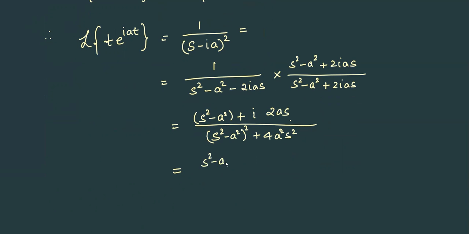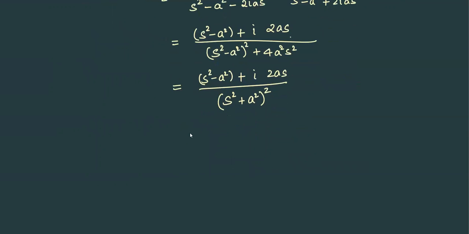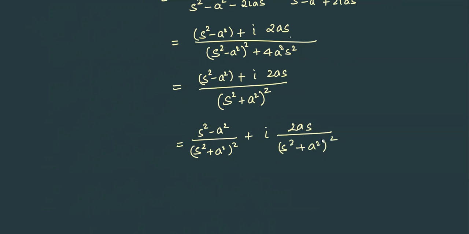You can expand and see, it becomes s power 4 plus a power 4 plus 2 s square a square, so the denominator converts to s square plus a square the whole square. So now solved, the real part is s square minus a square by s square plus a square the whole square, plus the imaginary part 2as by s square plus a square the whole square.